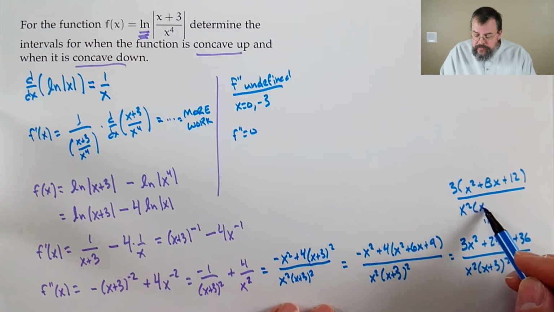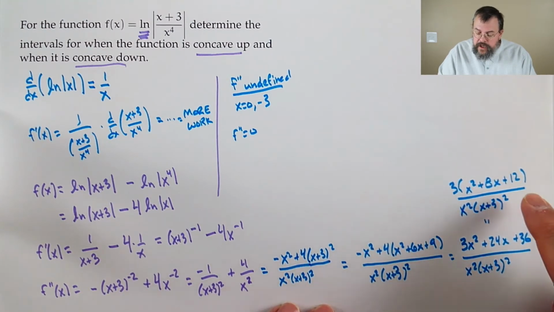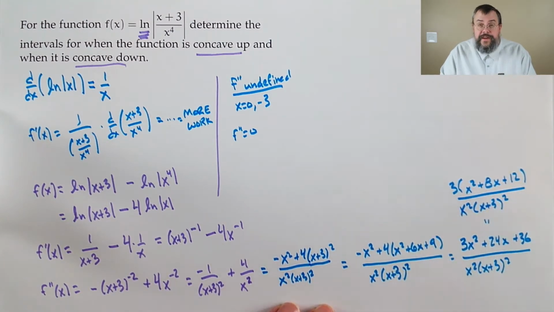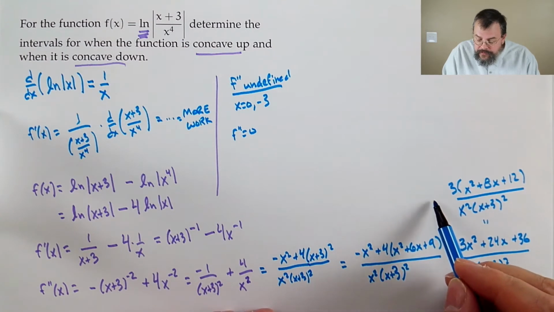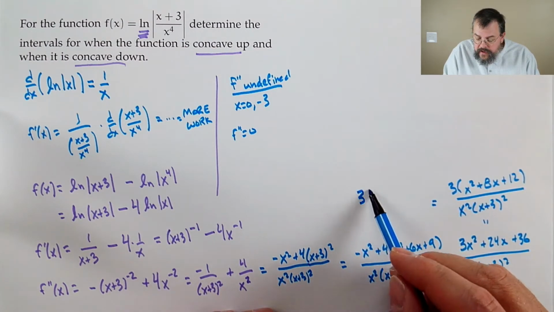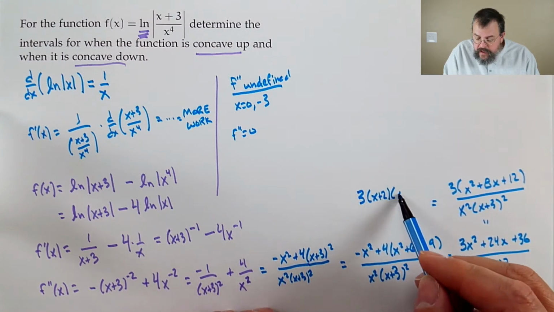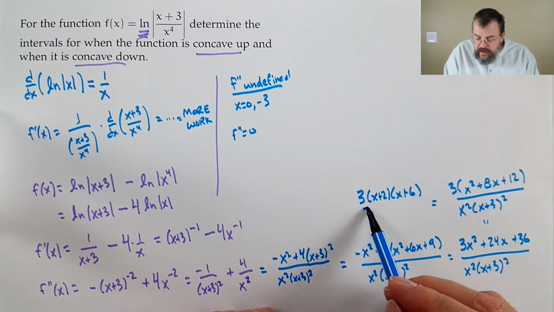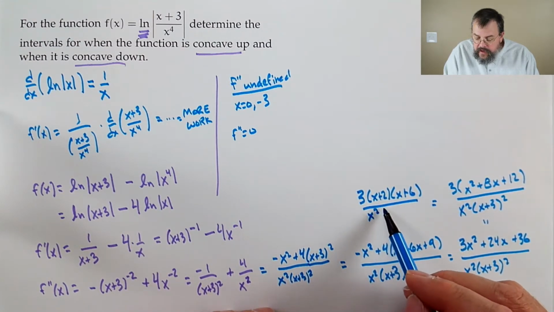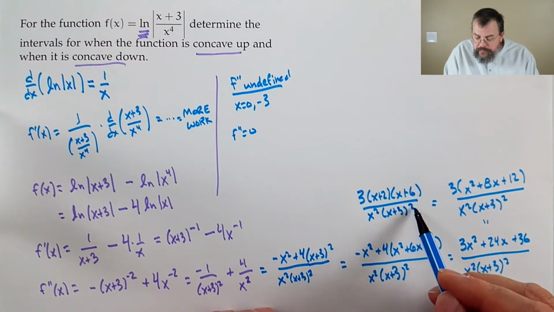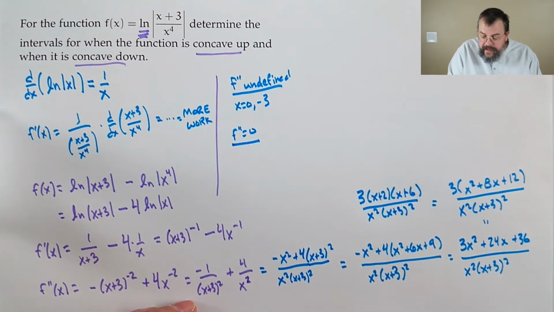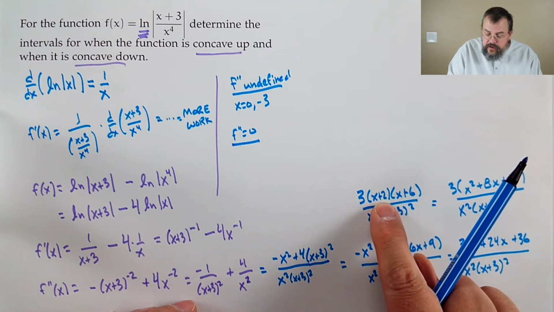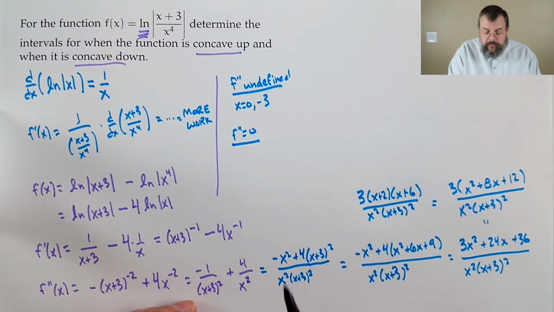Well, we need two numbers that multiply to 12 and add to 8. I can think of two numbers that do that, 2 and 6. So this would be 3 times x plus 2 times x plus 6, divided by x squared times x plus 3 squared. Aha! So we get that our second derivative equals 0 at -2 and -6.